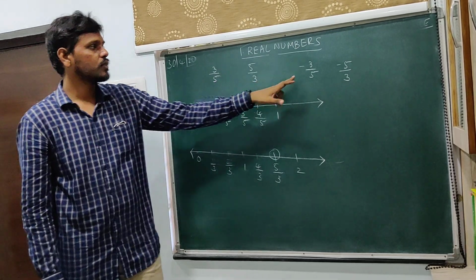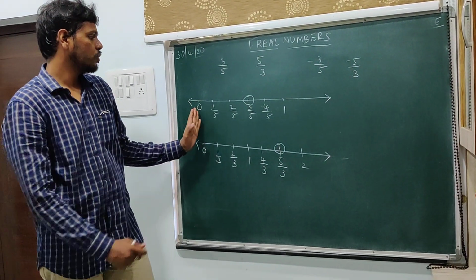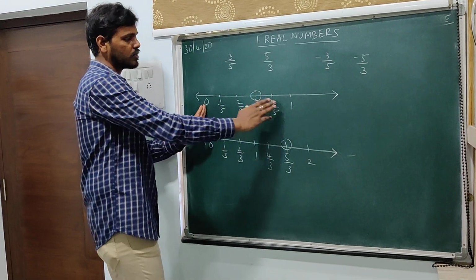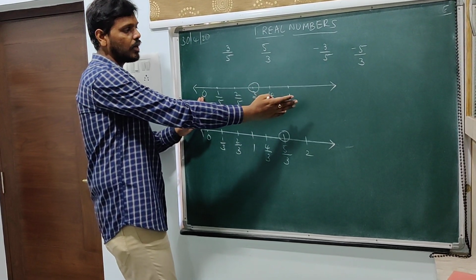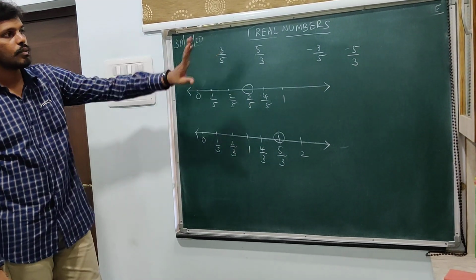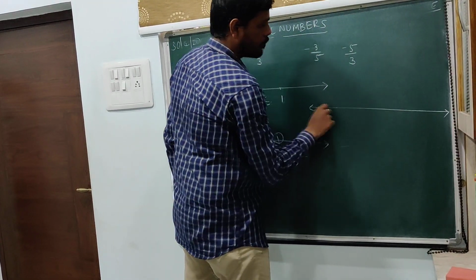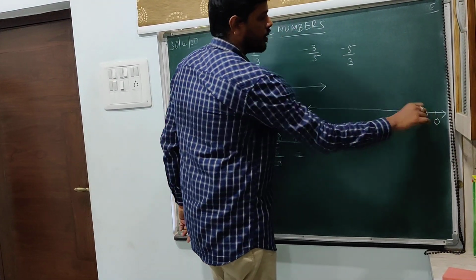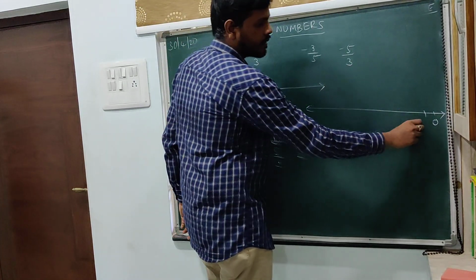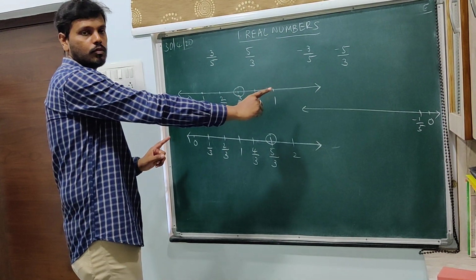Now the same thing applies with minus 3 by 5 and minus 5 by 3. Now we did the right side of 0 because all these numbers are greater than 0. Now the same thing we apply on the left side of 0 because minus 3 by 5 is less than 0. Also minus 5 by 3 is less than 0. So now put a 0 over here. The denominator is 5. So start writing minus 1 by 5, just like the way we moved forward onto the right side of 0.